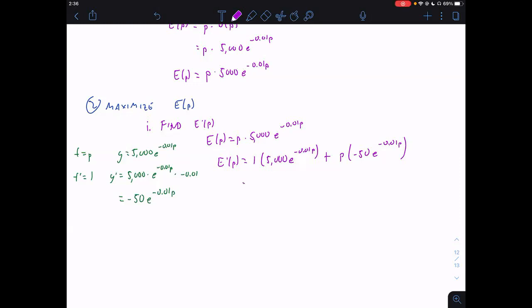So in other words, we get 5,000 e to negative 0.01 p minus 50 p e to negative 0.01 p. All right, I just want that coefficient negative 50 to the front of these two factors.